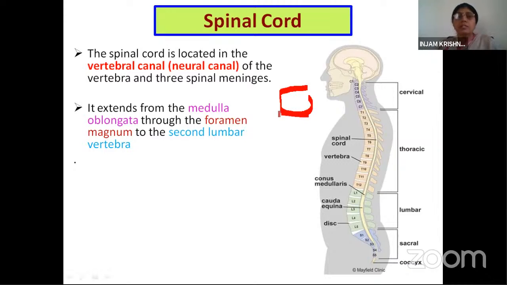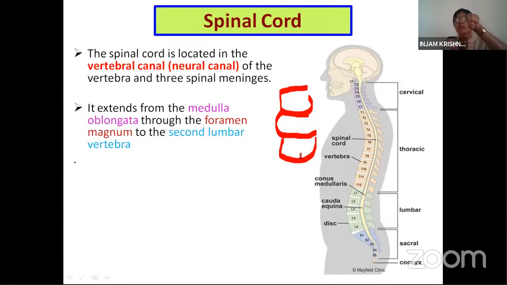This is 1, this is 2, this is 3. These are the vertebrae. These vertebrae are connected by the disc, connective tissue. Such 33 vertebrae joined together and form the vertebra.